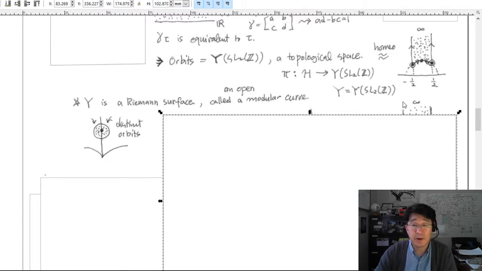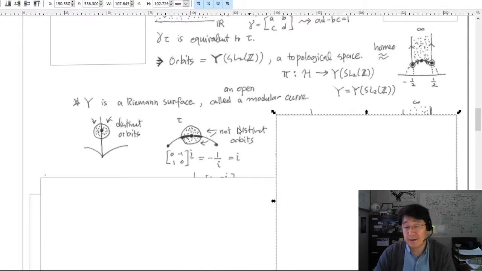So the problem spot is down there in the arc, and we're going to start with the one in the middle. That, as a complex number in the upper half plane, is the imaginary number i. So here's i. And it turns out if you just choose a small open neighborhood around there, these points up there and points down there are not distinct orbits. So this whole thing cannot be an open neighborhood inside this open modular curve.